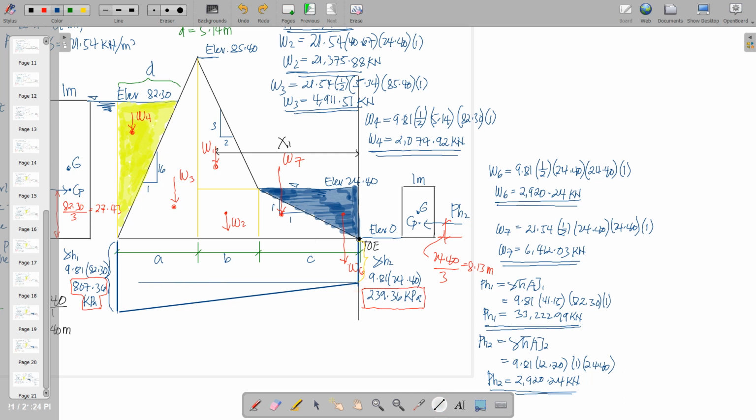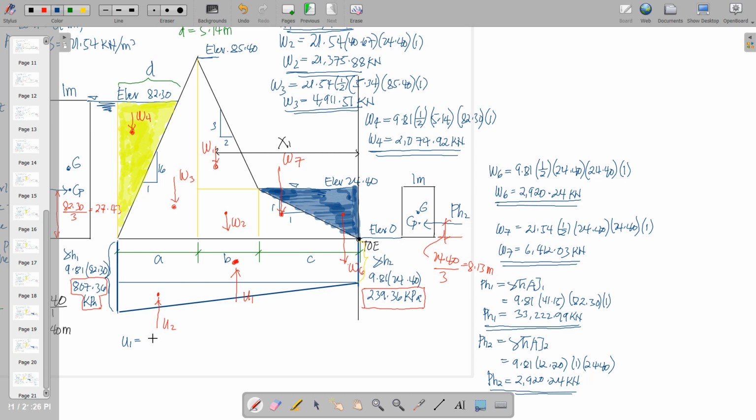And then from this, we can now compute for the uplift forces, wherein we just have to divide this into composite areas since we have a trapezoid. So this is a rectangular portion with the center of gravity at the mid. Say we label this as uplift 1 and this as uplift 2. So we'll just have to multiply the base dimension and the height, which is gamma H2.